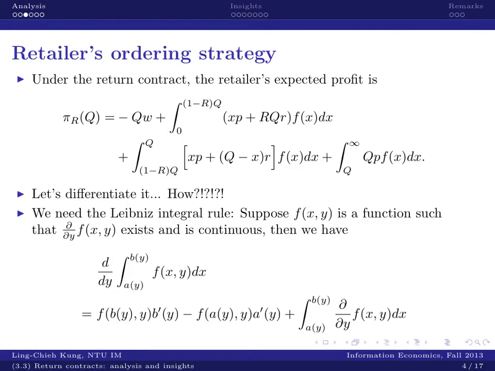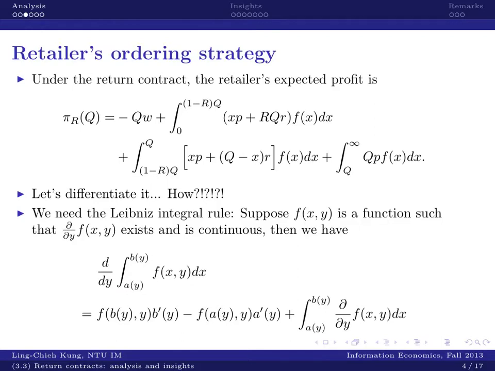There are so many x here. When I want to do this differentiation, I see there is something inside the integration that contains q. At the lower bound or upper bound, there is something that contains q, and I want to apply this general formula to my retailer's problem. So after the differentiation, there will be three parts.